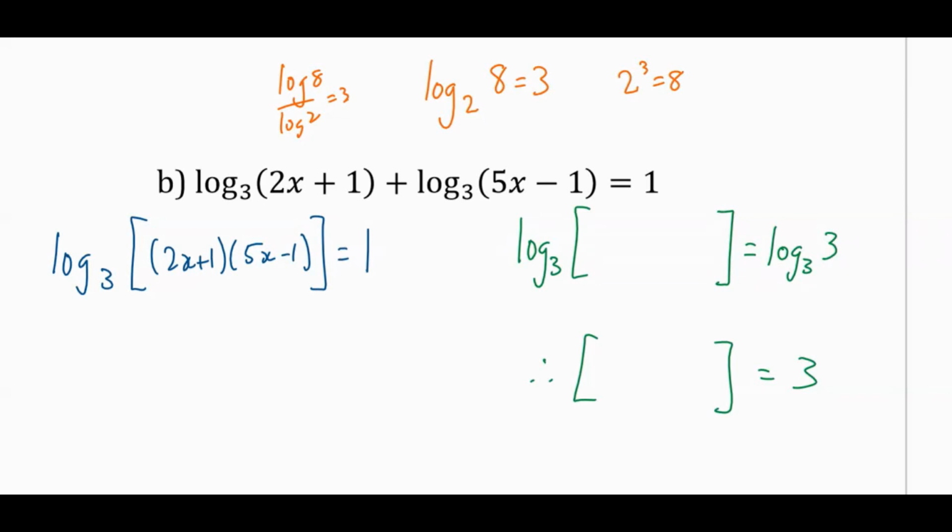So if 3 is my base, how do I rewrite this? (2x plus 1)(5x minus 1) equals the base, which is 3, to the exponent 1. And notice how this is the same as this.